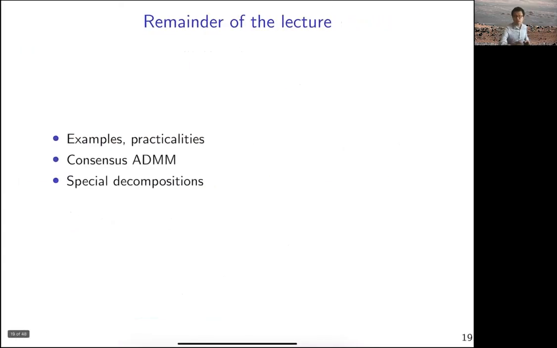In the remainder of today's lecture, I'm going to focus on giving examples about ADMMs. Once we get some exposure to some classical examples of optimization problems that can be solved using ADMM, we'll talk about consensus ADMM, which is one way that you can always do distributed optimization.